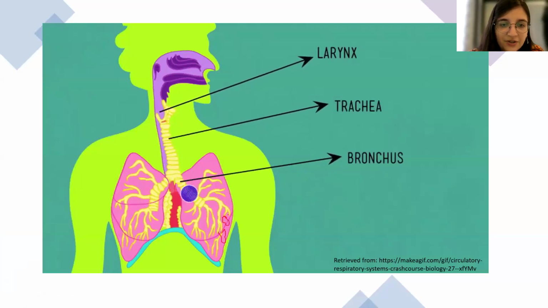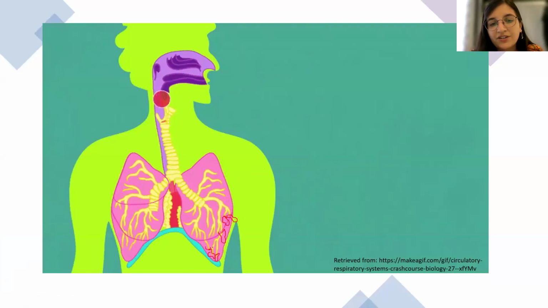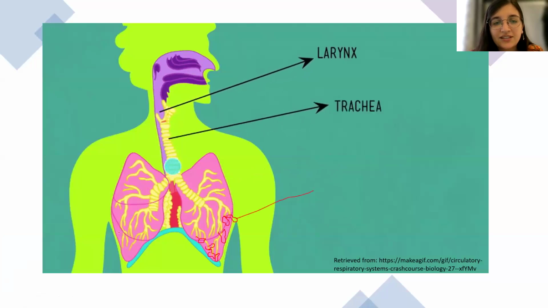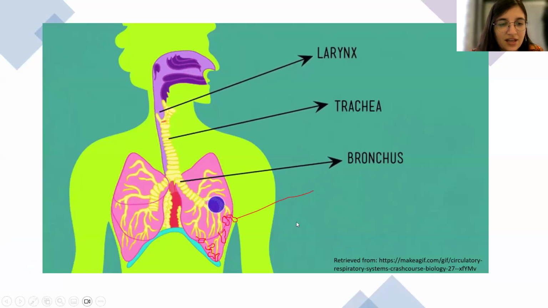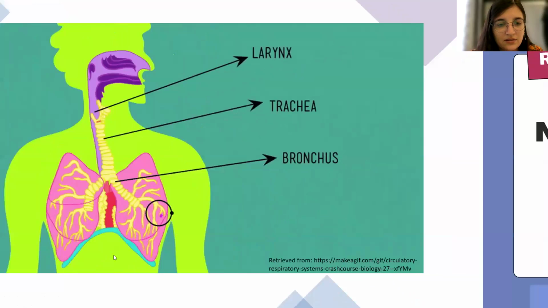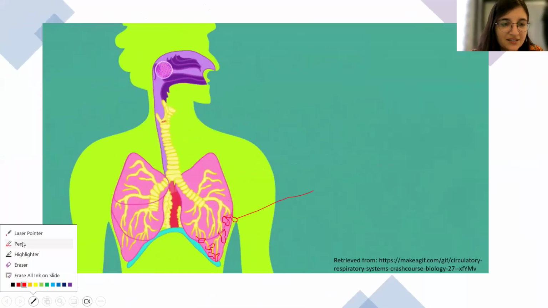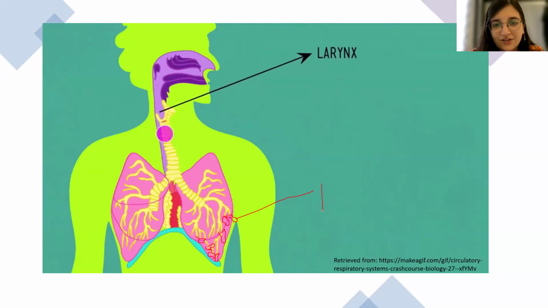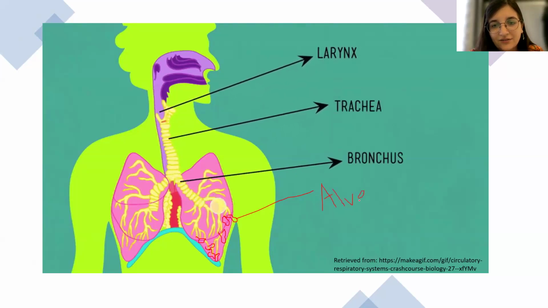There are many bronchioles, more than 300 million in your lungs. Let me summarize it all in one picture for you so it's easier. Forgive the writing. This one is alveoli. Alveolus.